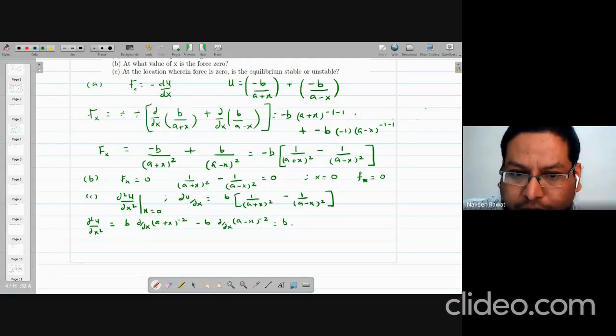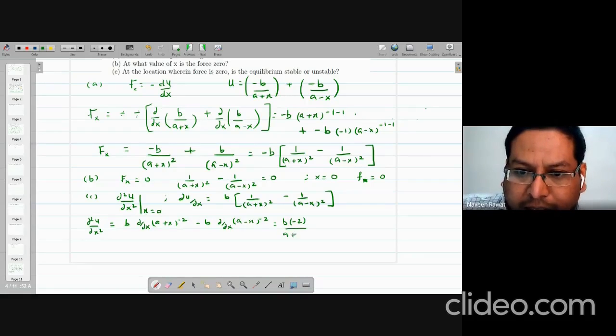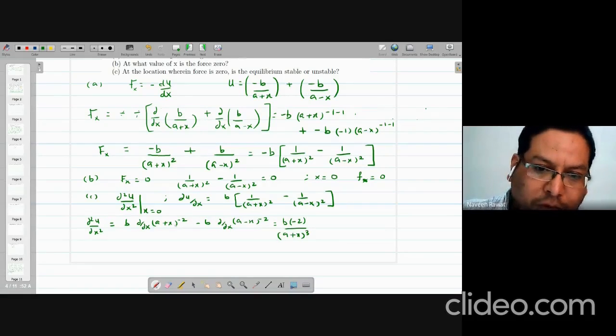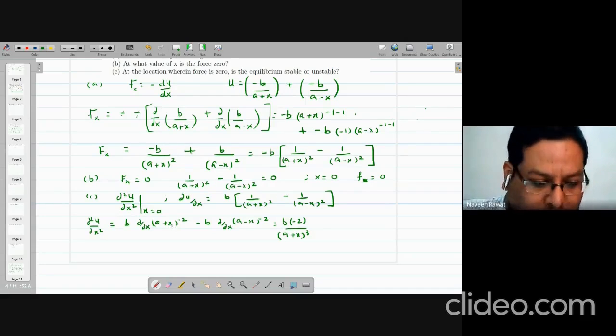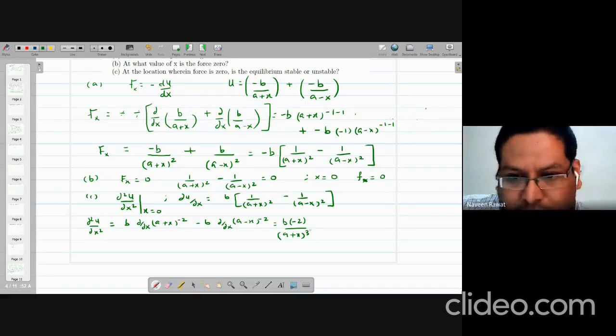Let's look at the first term. We get minus 2 from this power, and then (a plus x) raised to minus 3, so I can put it in the denominator as (a plus x) raised to 3. Now I'm taking the derivative inside this argument, which is just 1.